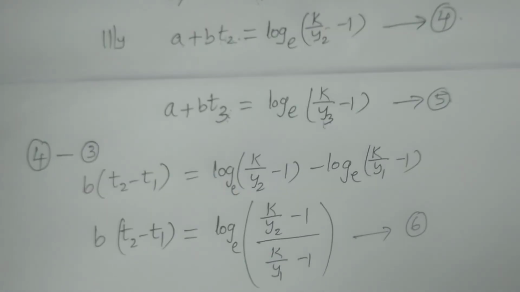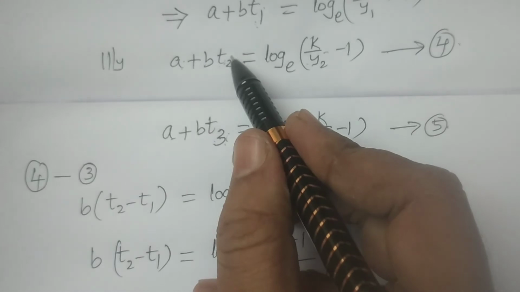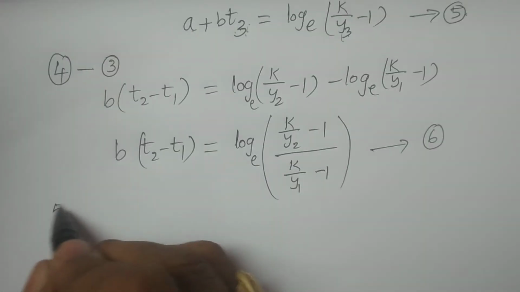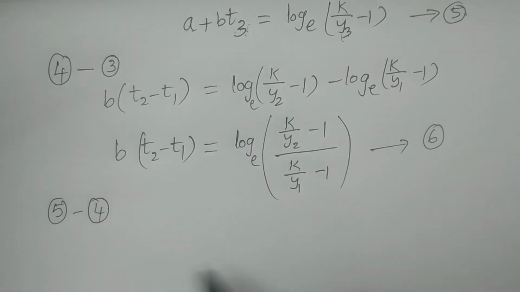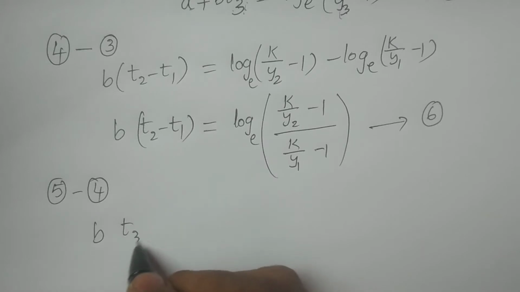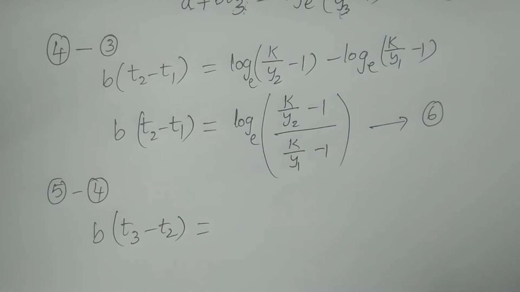Again by subtracting, a minus a will get cancelled, bt3 minus bt2. By subtracting equations 5 and 4, we obtain b into t3 minus t2.